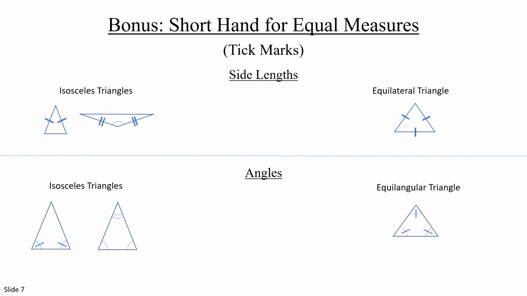Equiangular triangle, they're all the same. They could indicate all three angles being different this way. That happens to also be a scalene triangle.